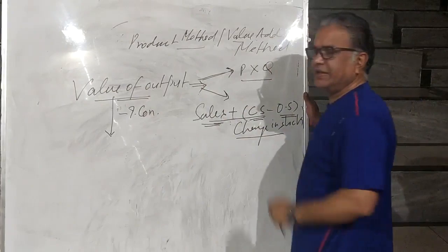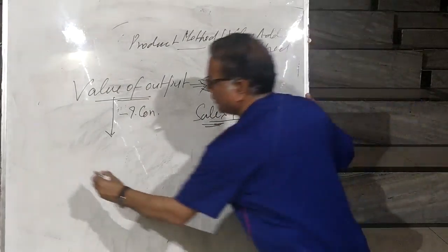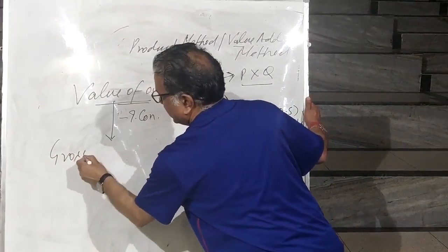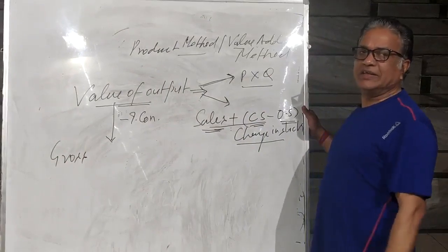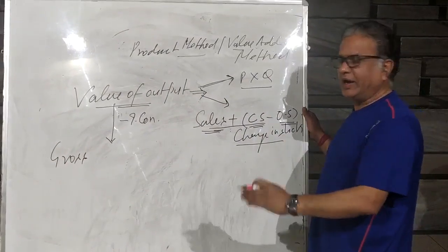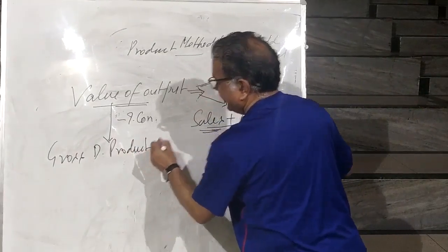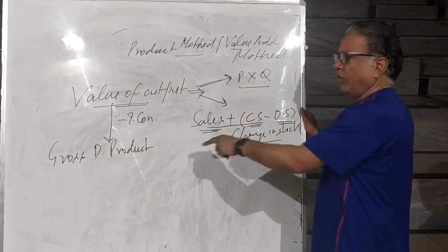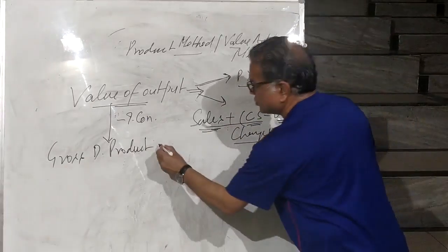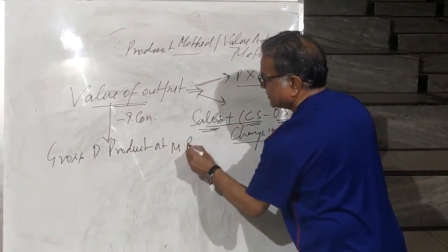Only I removed IC. It means depreciation is there, so we call it gross. COE, OS and MI are the income generated within the country, what we call domestic product. Net indirect tax is still there, only we have subtracted intermediate consumption, so it is at market price.